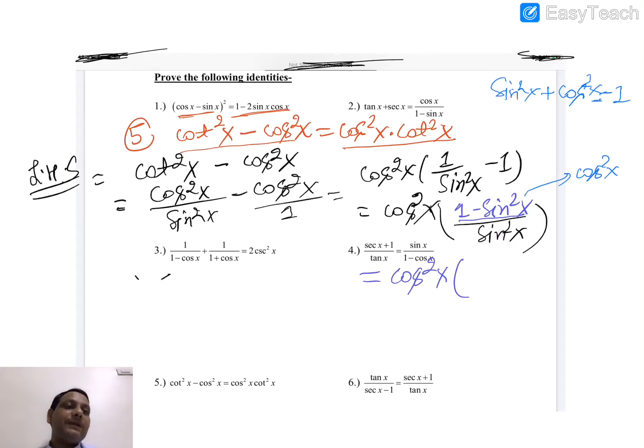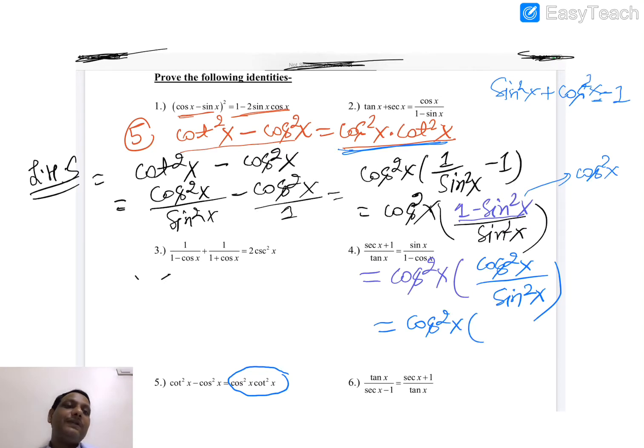So we can write here cos square x over sine square x. As you know, your right hand side you have to prove is cos square x times cot square x, as I wrote here. So you can write here cos square x, and you know very well cos square x over sine square x is called what term?